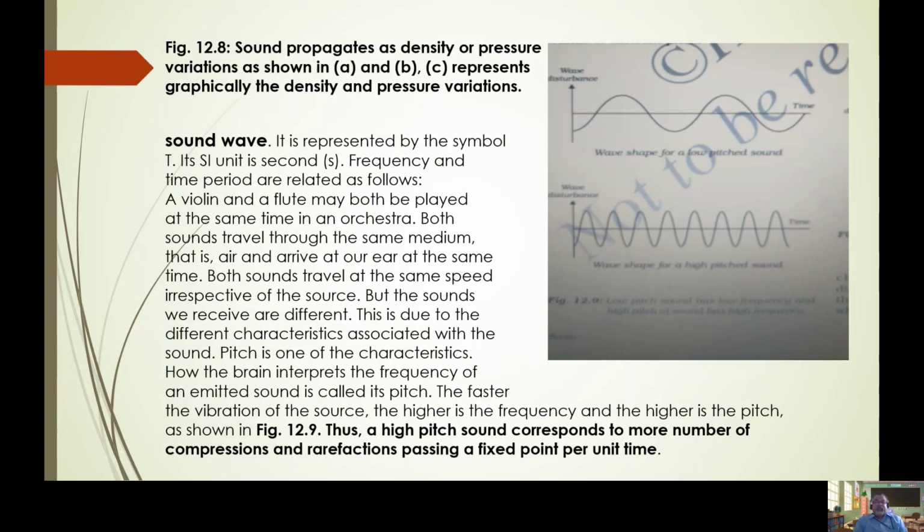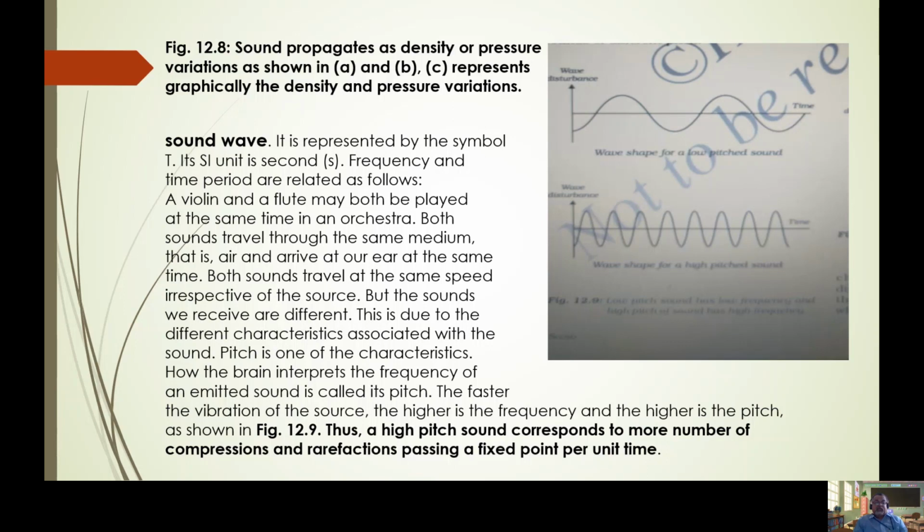Sound propagates as density or pressure variations, as shown in figures a, b and c, representing graphically the density and pressure variations. The time period of a sound wave is represented by the symbol T. The frequency and time period are related as follows. A violin and a flute may both be played at the same time in an orchestra.